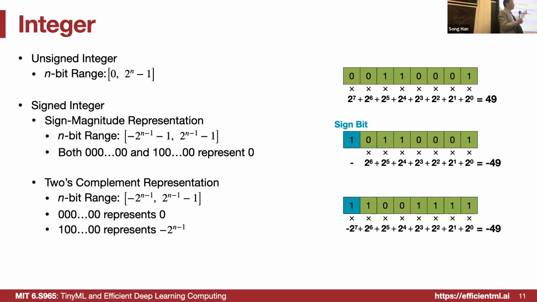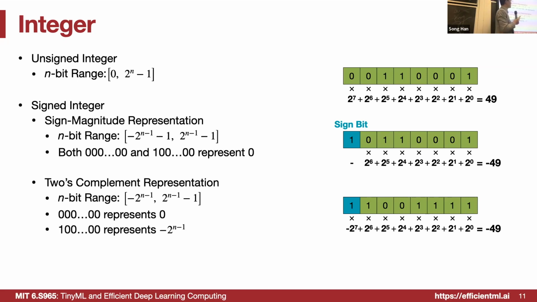And how can we avoid such waste? We have this two's complement representation. So the leading 1 actually means minus 2 to the power of 7 in this case. We put them together, and this number still represents minus 49. The advantage of this method over the previous method is that we can represent one more number.